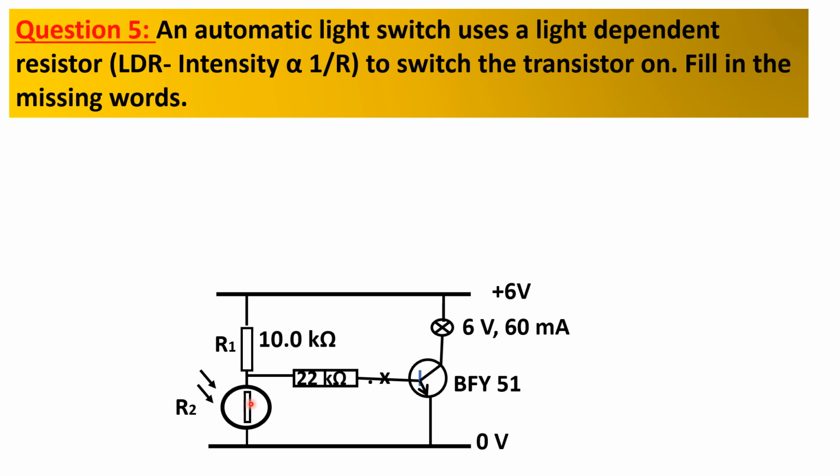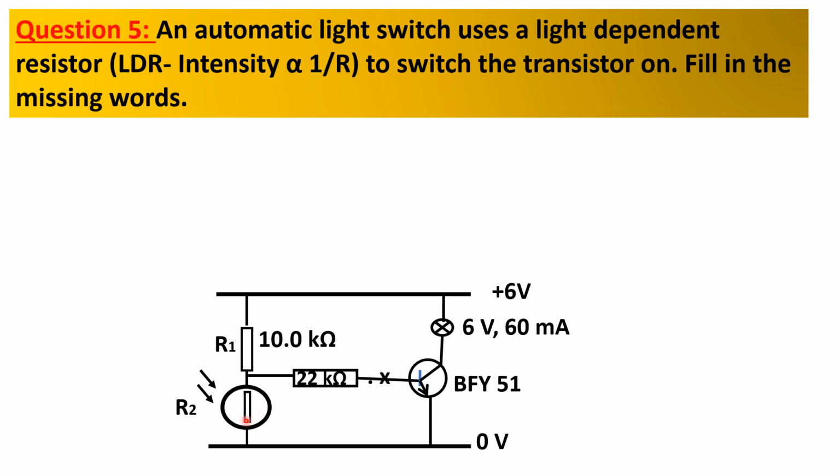This is the electrical symbol for an LDR. Its resistance is dependent on the intensity of the light that strikes the LDR. As pointed out in the question, the resistance is inversely proportional to the intensity, which means that the higher the amount of light, the less is the resistance of this resistor.